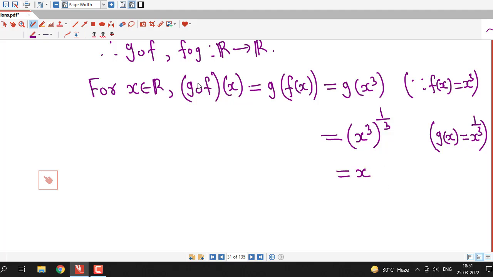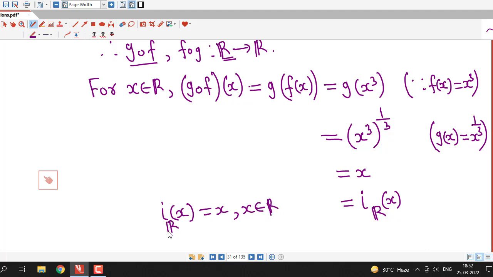And the domain of gof is the set of real numbers, so this is the identity function, the value of the identity function at any point x in the set of real numbers. This is the definition of the identity function: I(x) equal to x, x belongs to R, therefore in the suffix we write R. So we can see that for any x belongs to R, these two functions are equal.